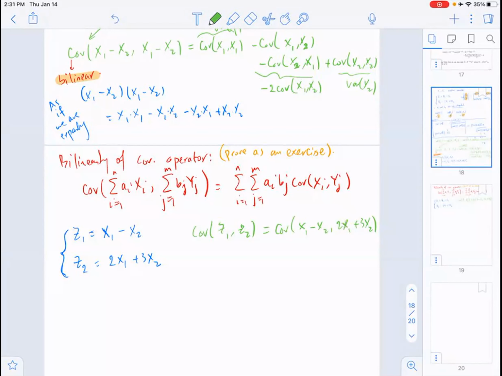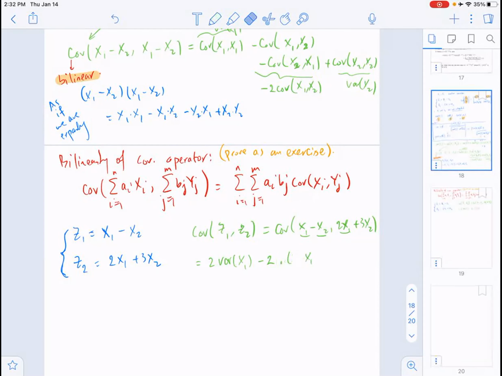So I want to compute this covariance of Z1 and Z2. I just plugged in Z1 and Z2. So how do you do this? Would you just separate them one by one? 2 times the variance of x1, because we have covariance of x1, x1. Yes. Minus 2 covariance of x1, x2. Plus 3 covariance of x2, x1, it doesn't matter, it's the same.